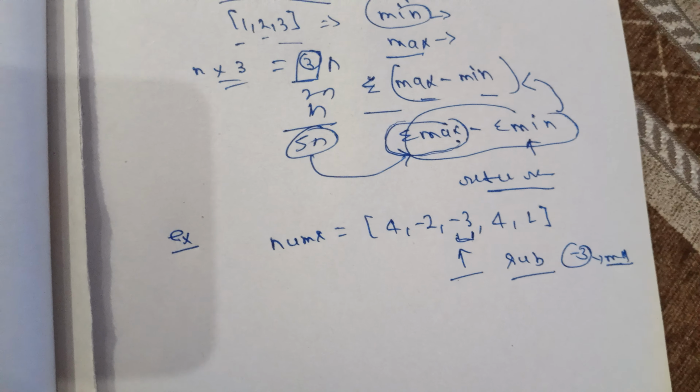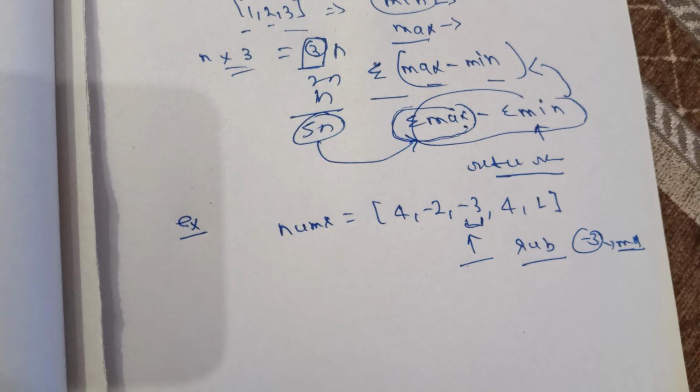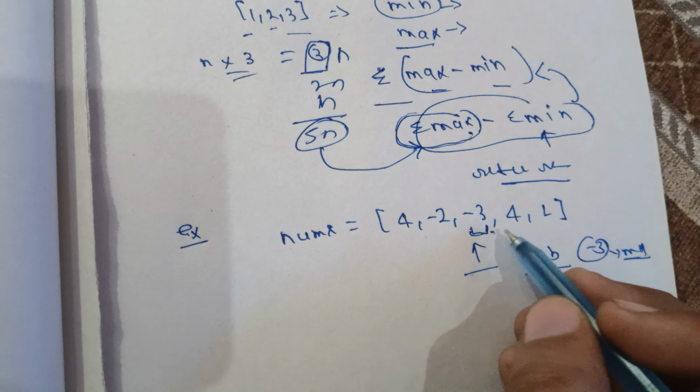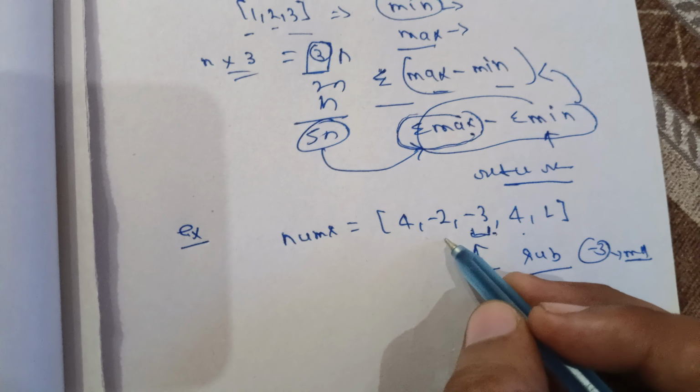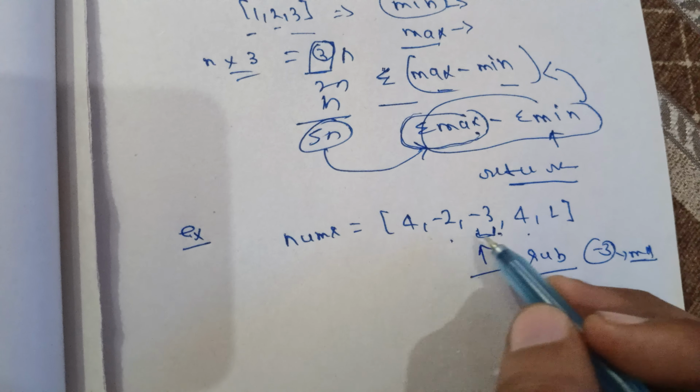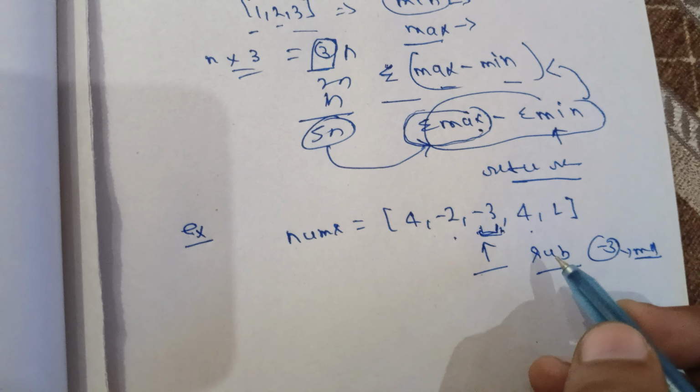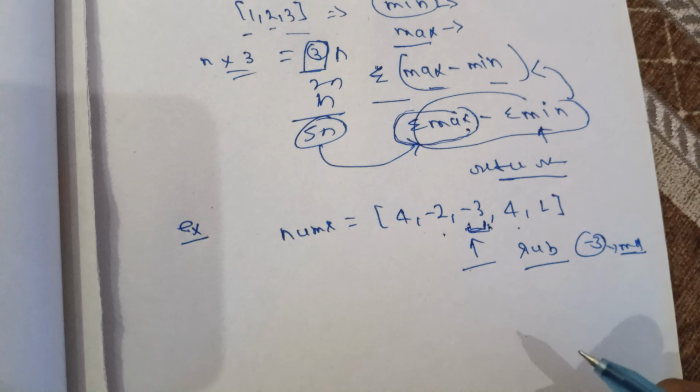Taking -3 as the maximum, how many subarrays can we form? So here we check, is 4 less than -3? No. Is -2 less than -3? No. So we can only form one subarray where -3 is the maximum.